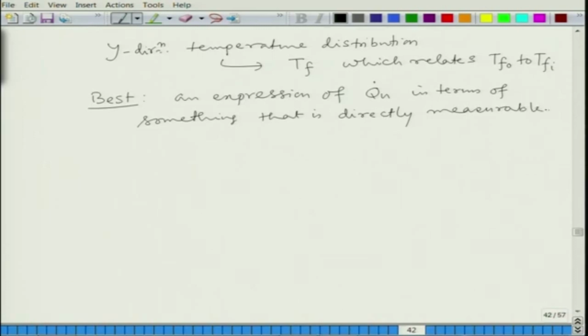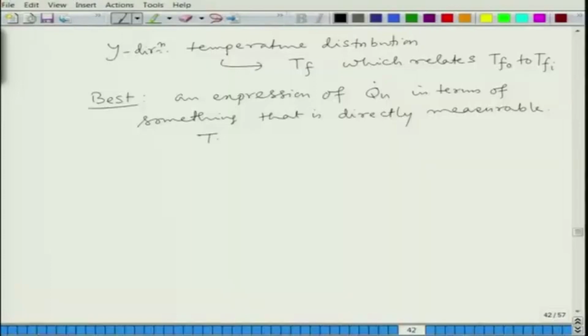What is that? The inlet fluid temperature TFI, that is directly measurable. You know what temperature the fluid is going into the collector, and the ambient temperature. So if we can express the Qu in terms of this difference TFI minus TA, then it is the best thing that we can obtain.